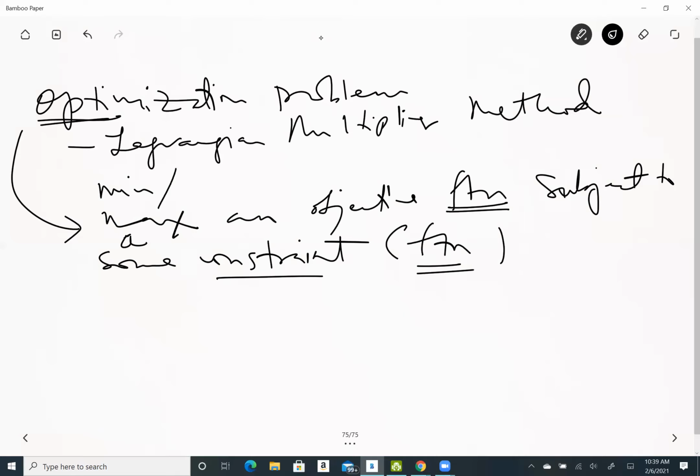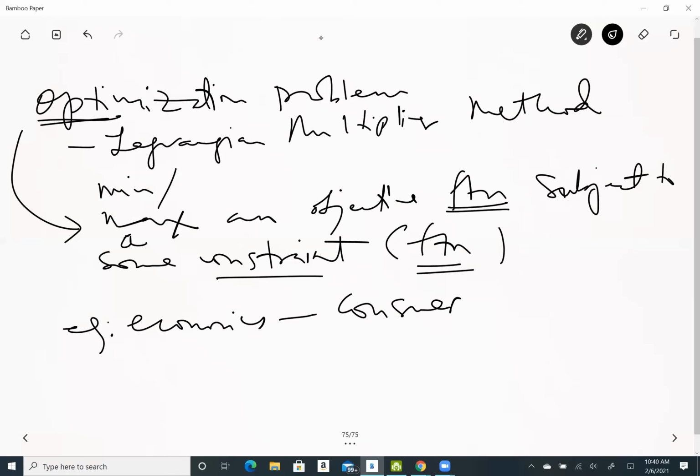Okay, example. Example again here in economics. What is the problem of the consumer? You know consumer? In the consumer theory, what do we maximize? Satisfaction. But you cannot maximize your satisfaction unlimitedly.